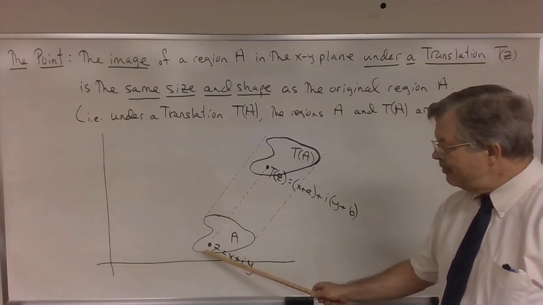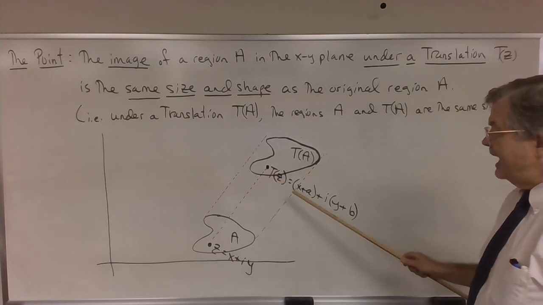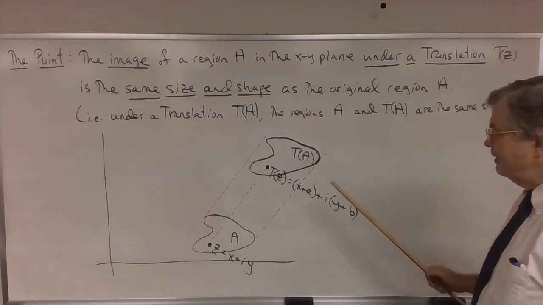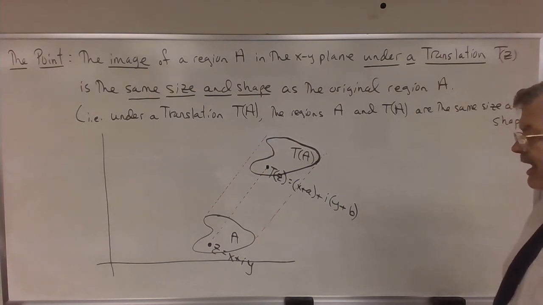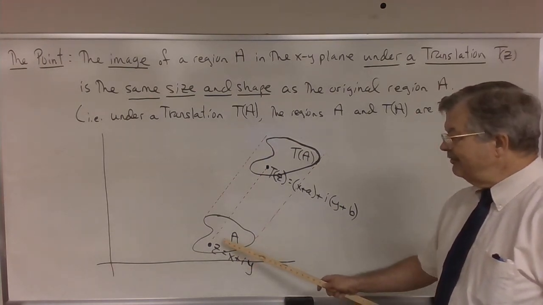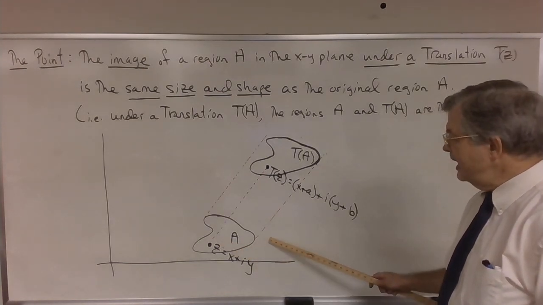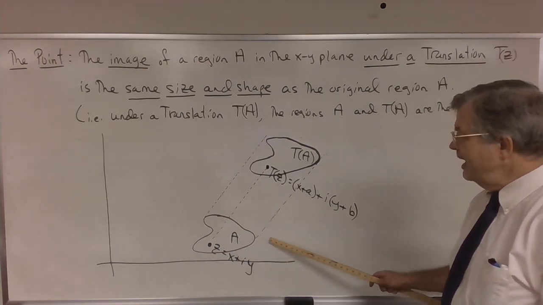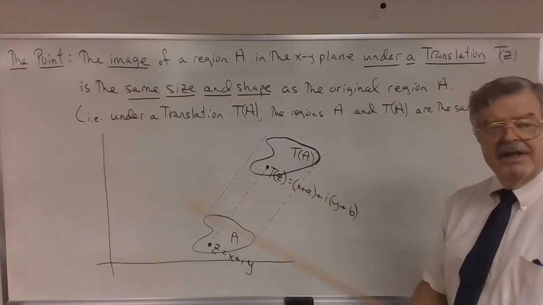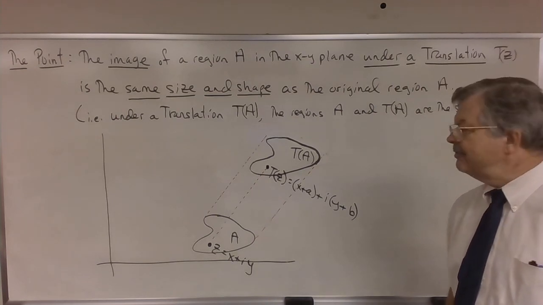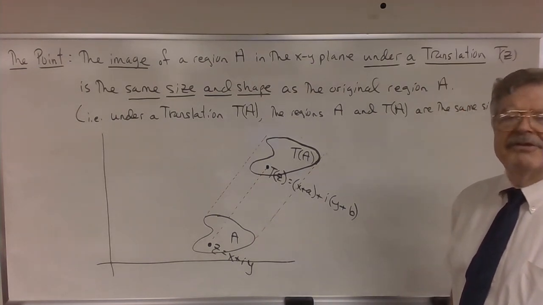We've taken every point here and we've translated it by adding a to the real part and adding b to the imaginary part. And graphically, the effect is just that we shift this region over to the right, a units, and up b units. So a translation has this important property. It preserves size and shape.